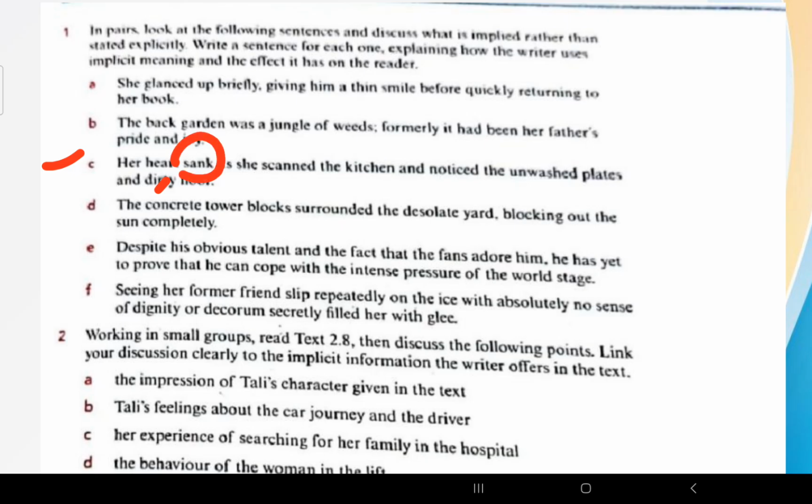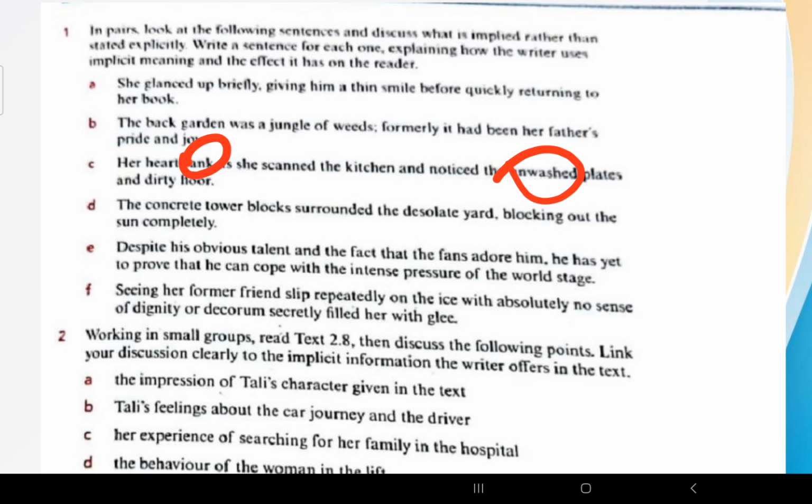She scanned the kitchen and noticed the unwashed plates and dirty floor. Sank, unwashed. These two words are telling us a complete story. Her heart sank. It tells us that in any possible way she is not ready to do that work. She doesn't want to wash the dishes at that time.